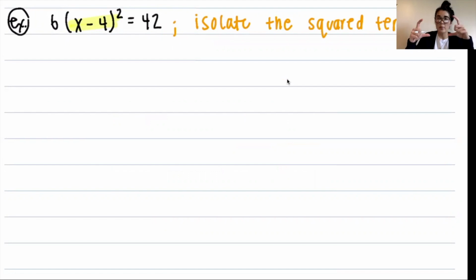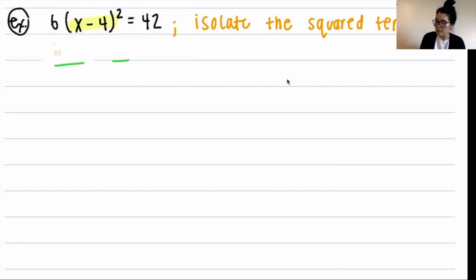Even though there is that parenthesis set here, think if this was 6 times x squared is equal to 42. To get this x squared by itself, I think a lot of you could probably see that your first step would be to divide by 6.